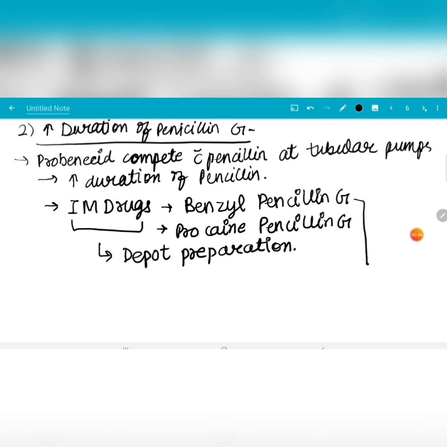These are the longest acting penicillin G. Remember that.